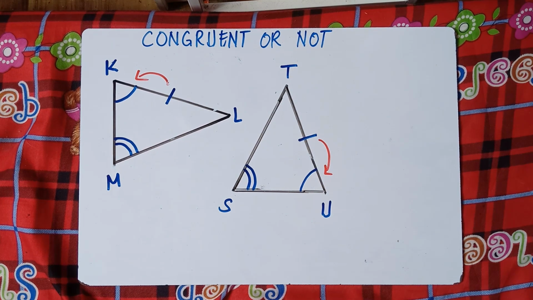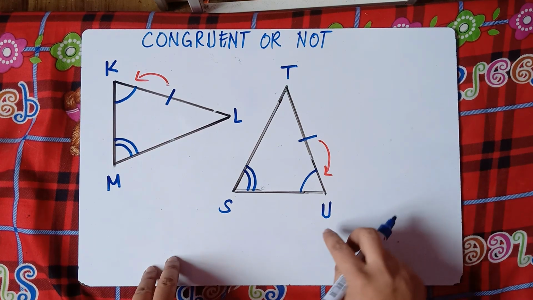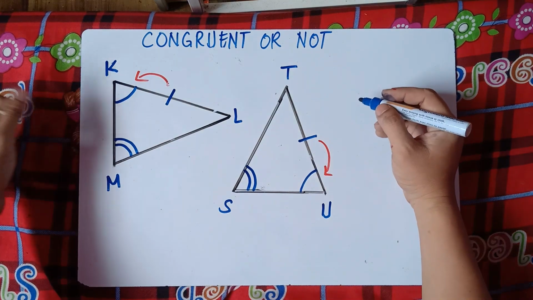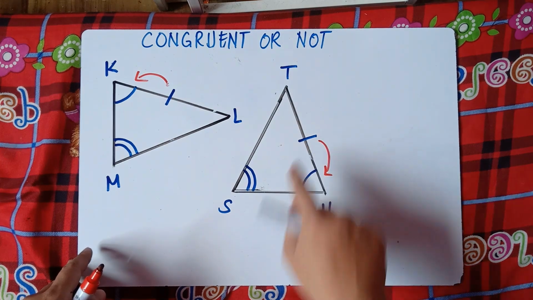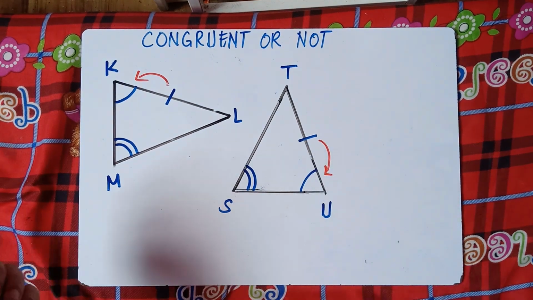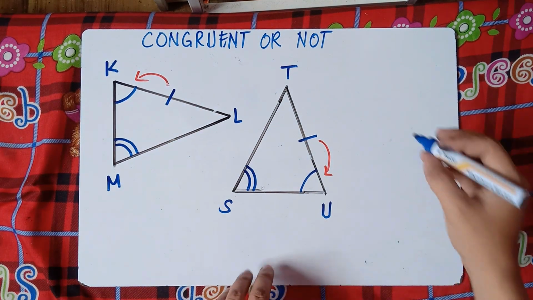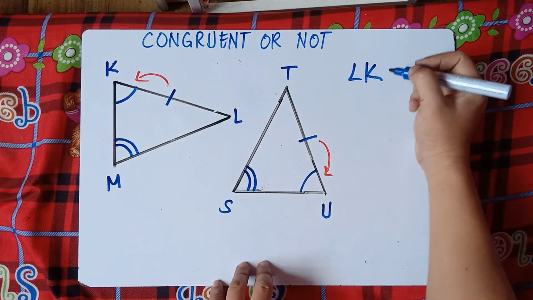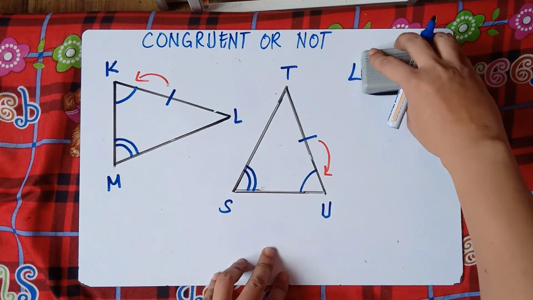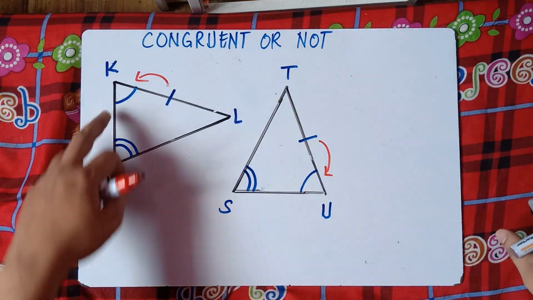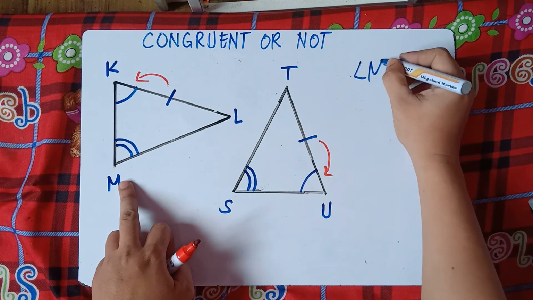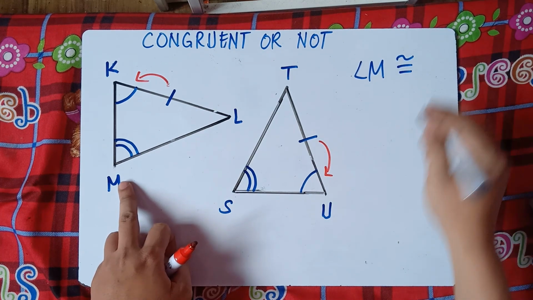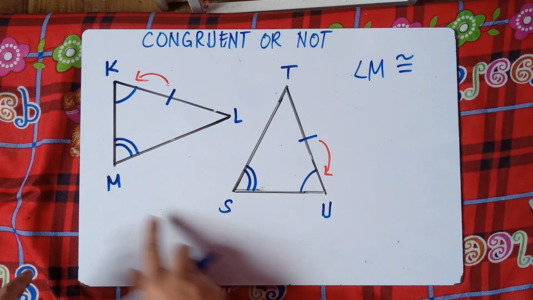So therefore, we can say that this angle K, we have an angle, side. Angle, side. So we can say that angle K or angle M. Let's start with angle M because we start with angle, side. So we can say that this angle M is congruent to, check the markings, class. They have the same markings.